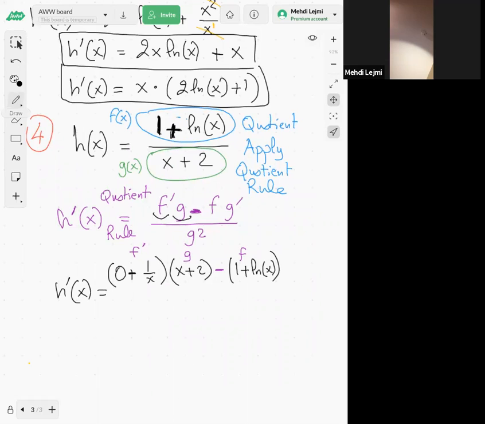So what's g prime? Here g is x plus 2, it's just addition, right? So the derivative of x is 1 plus the derivative of 2 is 0. So it's just times 1 here, all over g squared, the x plus 2 squared.